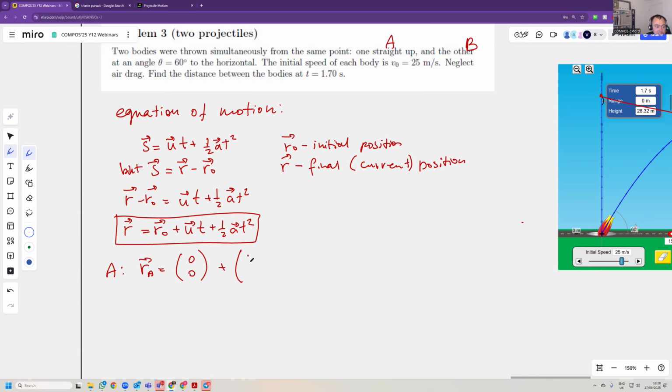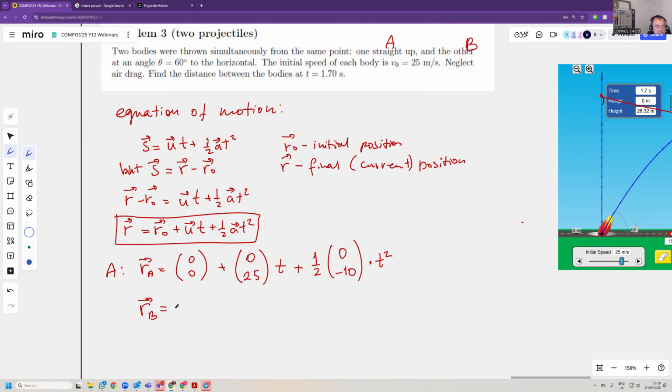The initial velocity is 0, 25 because it's moving straight up, times time, plus 1/2. I'm going to take 10 for simplicity, so 0, minus 10 is the acceleration because it's a vector, multiplied by t squared. Okay, so that's the equation of motion of A. Of course, I can simplify that, but that's not important right now.